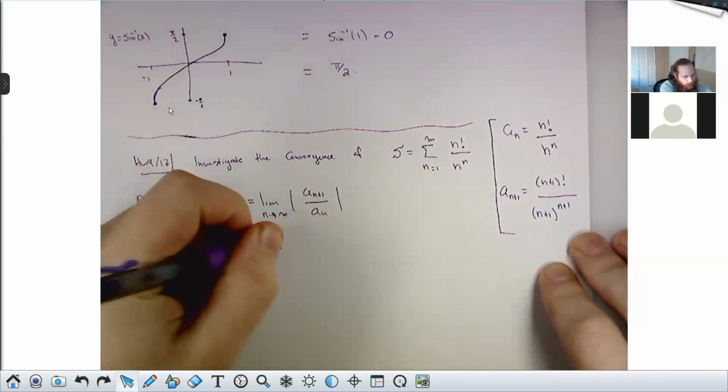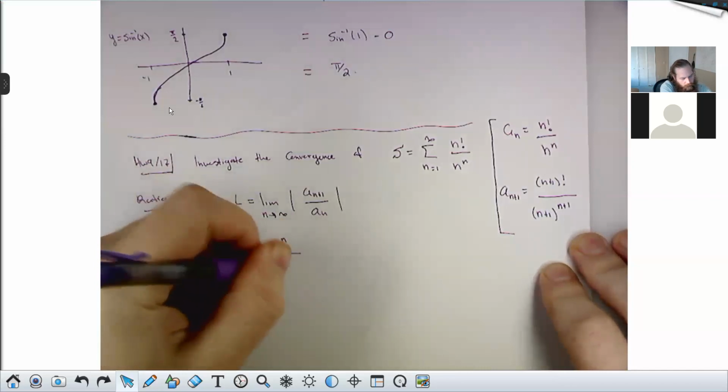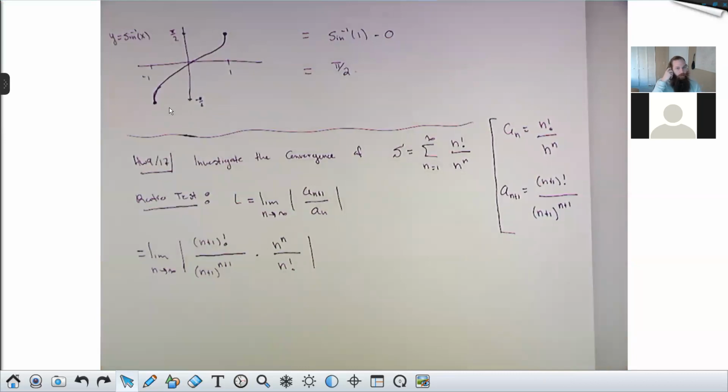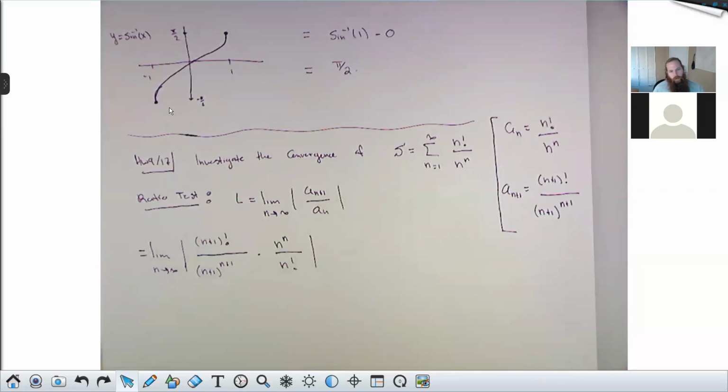So that's n to the n over n factorial. I'm just going to jump straight to that because we know that would be the next step. So here's a_{n+1}, and instead of dividing by a_n, I multiply by 1 over a_n because a_n is a fraction. And that would be our first step after dividing like that.